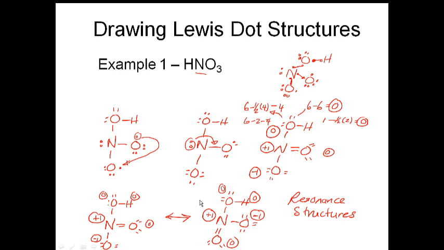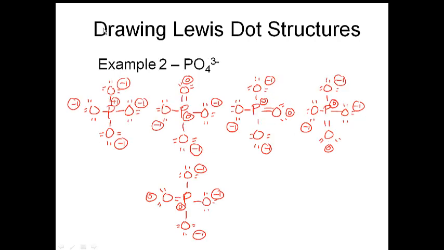You may ask yourself, well, what does that mean for these structures? Aren't some of these structures the same? And the answer is no, they're not the same. The structures are different. And what you have to realize is that when you're looking at resonance structures, there's some things that you're not allowed to do, and there are some things that you are allowed to do.